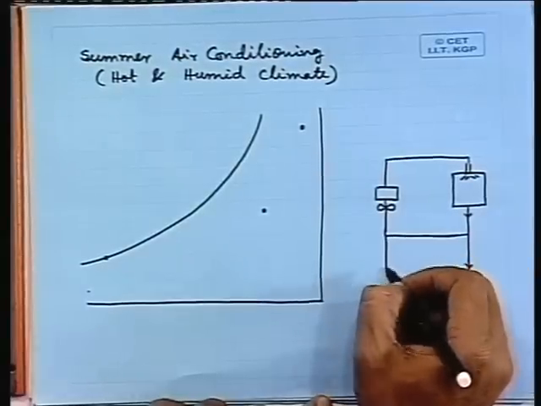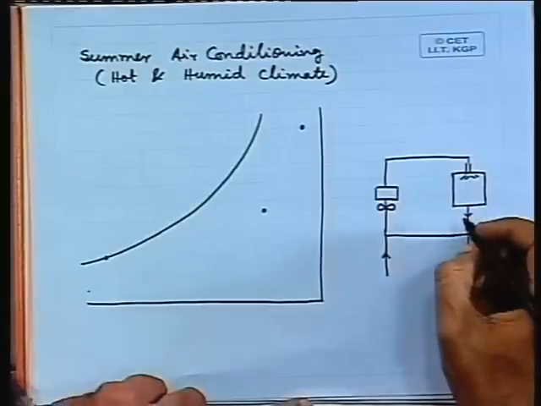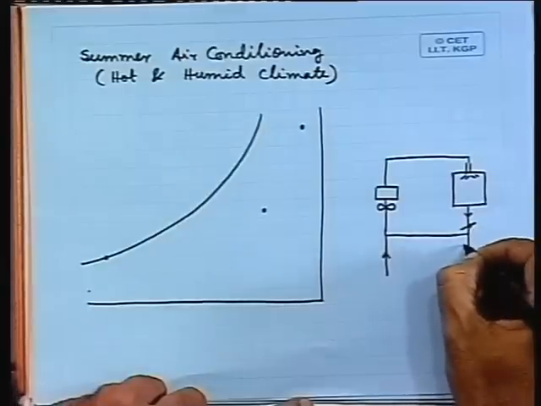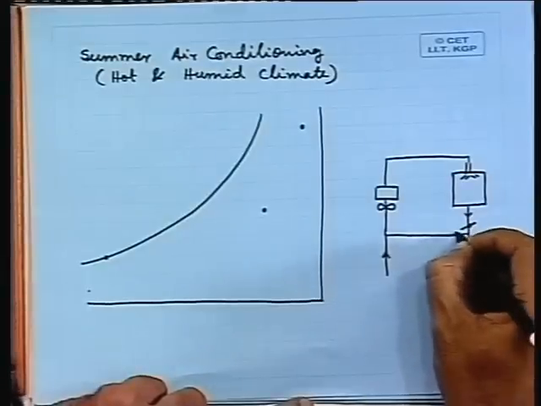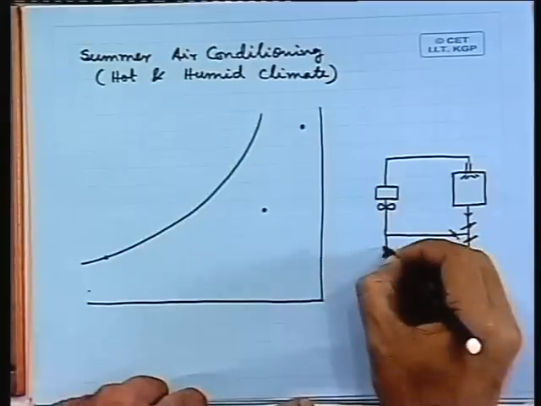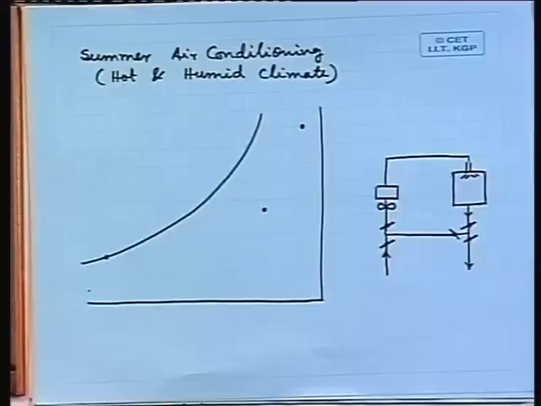Then from the open atmosphere one has to take a certain amount of air. Generally, in this path one will have dampers to control the volume flow. So, one can have a number of dampers. This is how one can show the arrangement schematically.